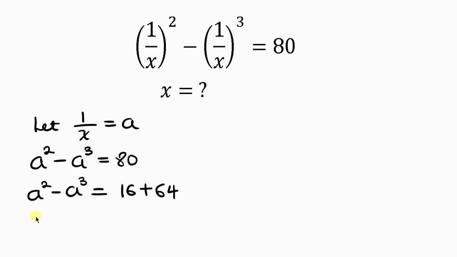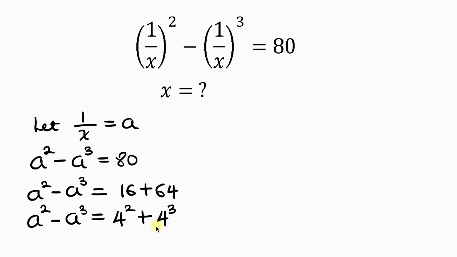So we have a squared minus a cube. This is equal to, since 16 is a perfect square, that means it can be written as 4 squared, plus, since 64 is a perfect cube, that means it can be written as 4 cube. Very good.